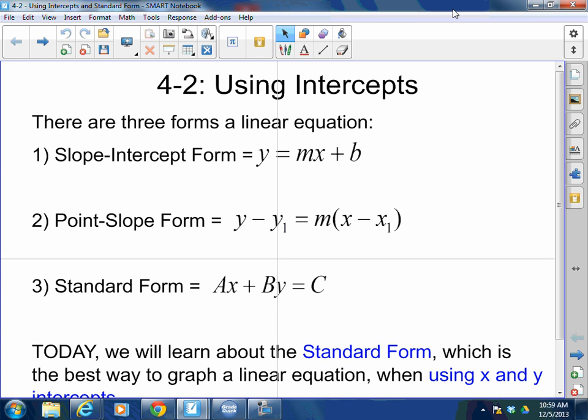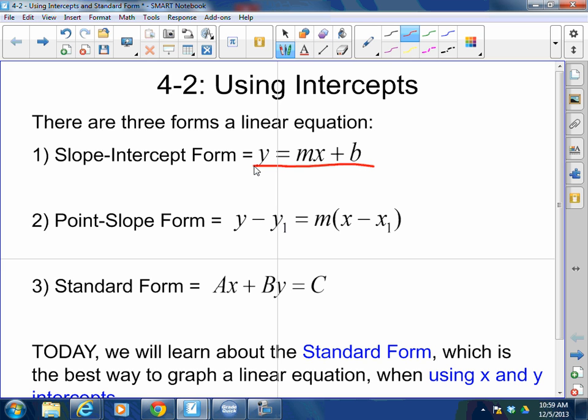We are continuing with linear equations today. Before you can really be a master of this, there are a lot of different little pieces you have to understand. I already repeated this once yesterday, and I'm going to repeat it a lot so it gets ingrained in your head. There are three forms of linear equations. You have the slope-intercept form, which is y equals mx plus b.